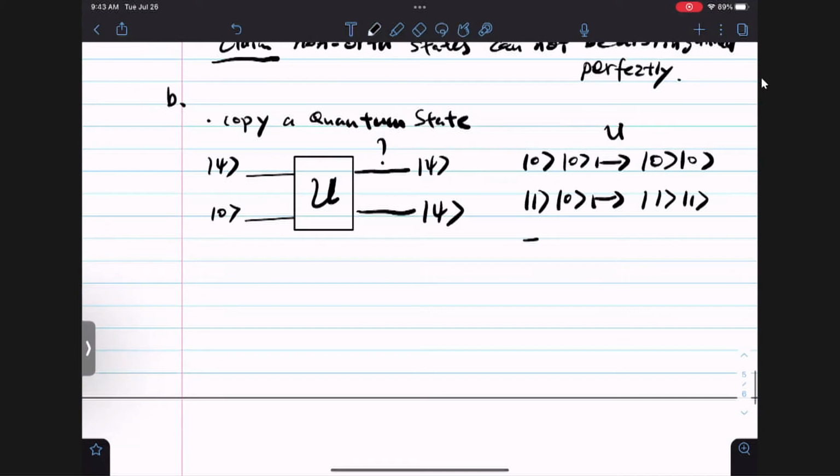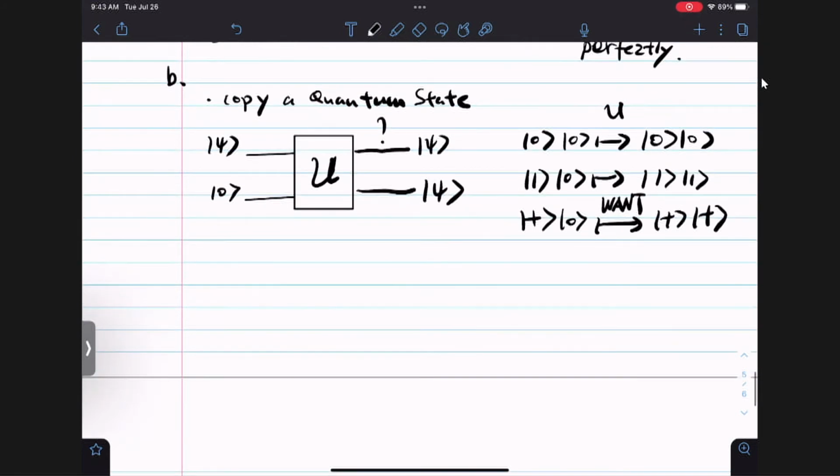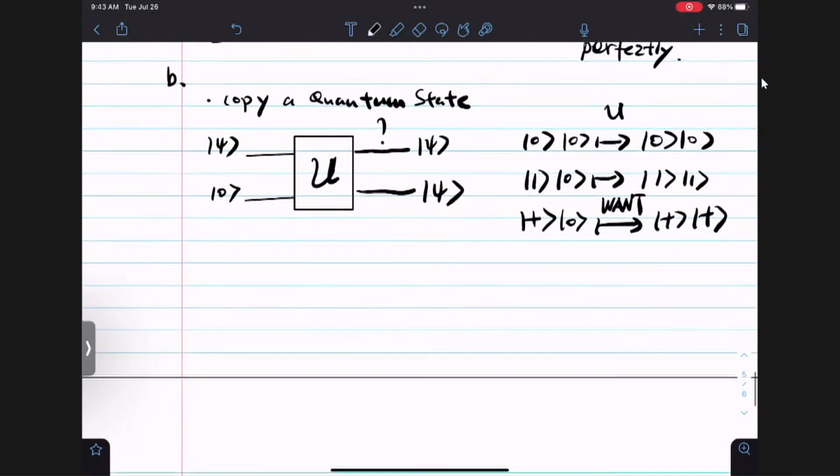Now, if I want to copy K plus, which is a linear combination of K0 and K1, what we would want is 2 copies of K plus. But this copy machine has to follow linearity. Then what actually happens is it's going to produce, let me write it here.